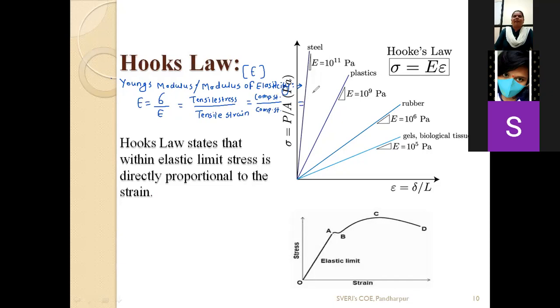Or shear stress divided by shear strain. This is correct. Shear stress upon shear strain. Yes, ma'am. Yes. Anyone? Any other student? Shear stress divided by shear strain is correct or incorrect?